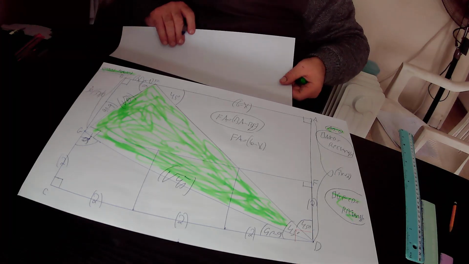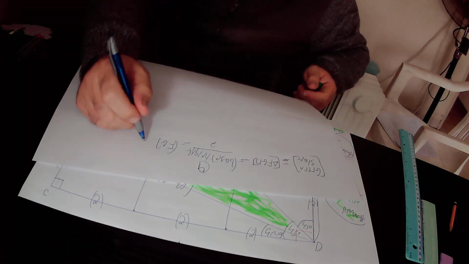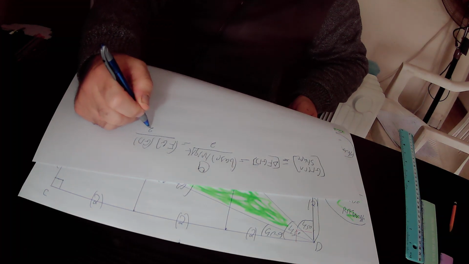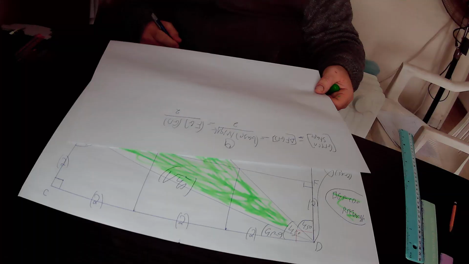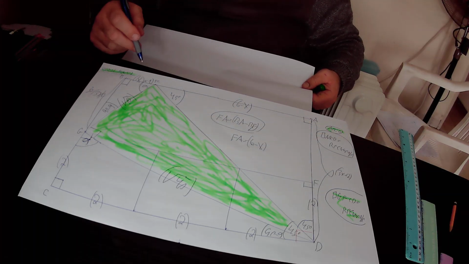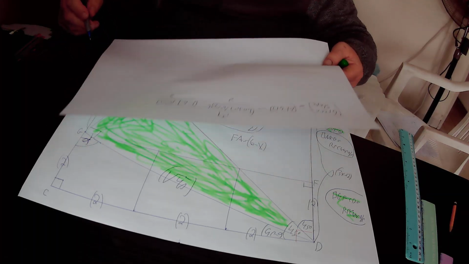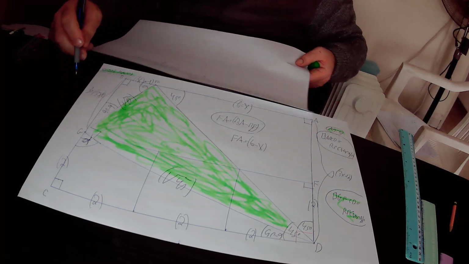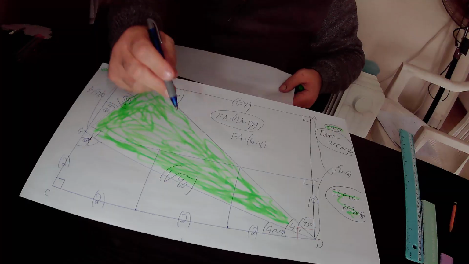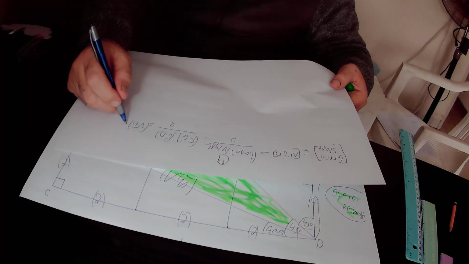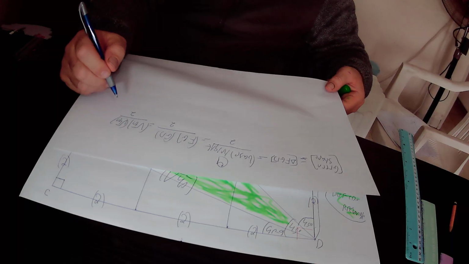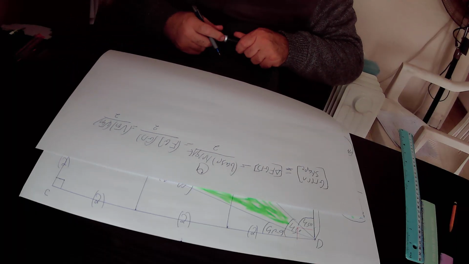So the area is base times height over 2. We have already found out that FG equals the square root of 10 units in its length. Likewise, GD is equal to the square root of 40 units in its length, divided by 2.